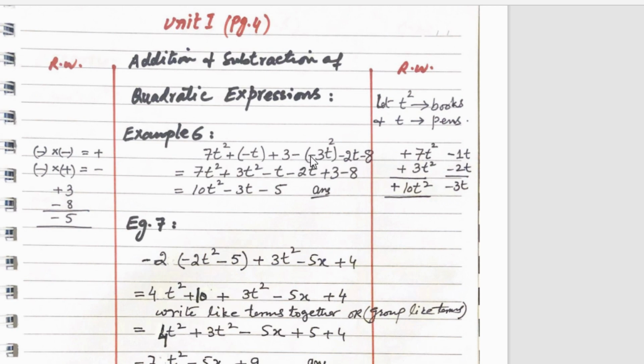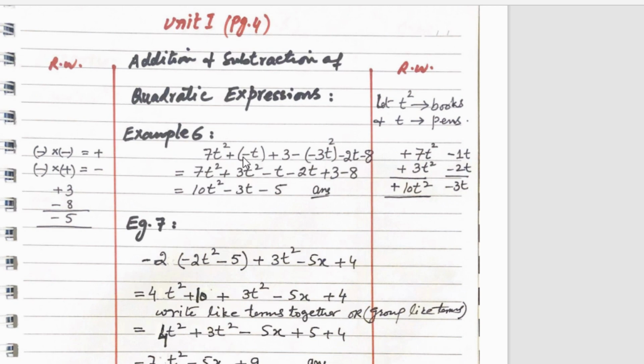Minus into minus will give you plus, and 3t square will come out and it will be settled with 70 squares. Instead of writing down the terms in the same place, opening the brackets, taking more time to solve it and rearranging the terms in the third step, I have done these 2 things at a time.